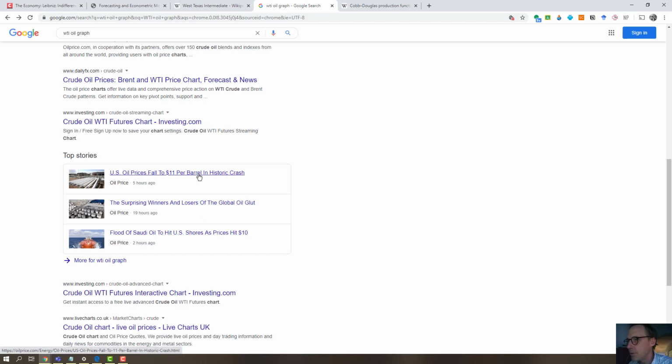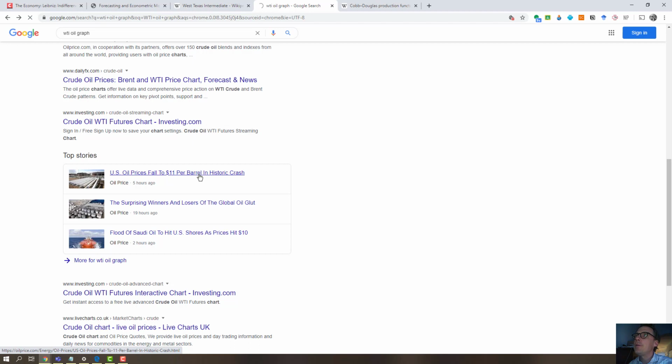Because how could something be worth less than nothing? But the bottom line is that there was an even further crash than what you see in the diagram in aftermarket trading, and the price per barrel is now $11 US.